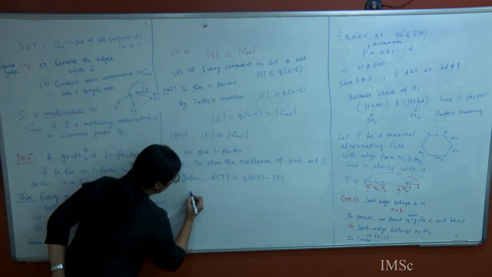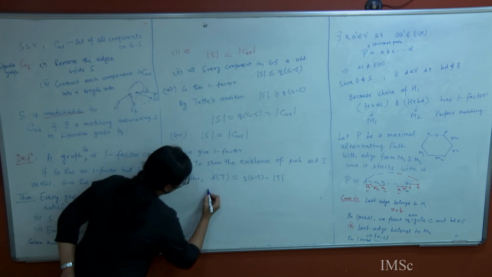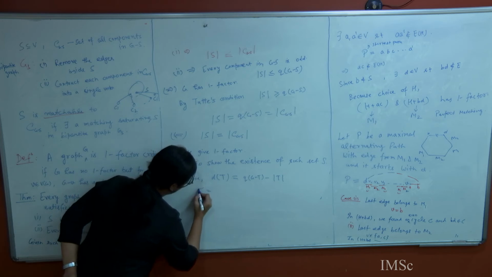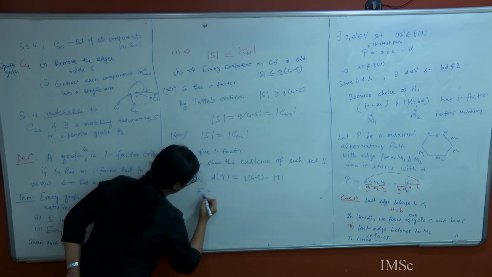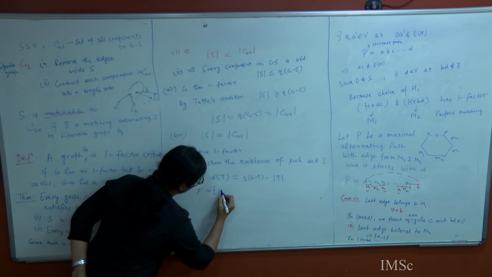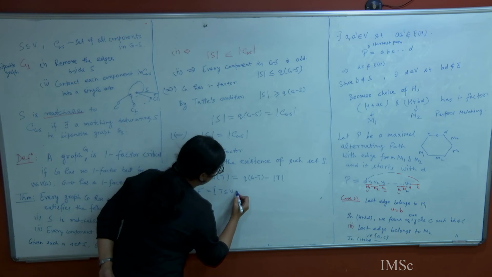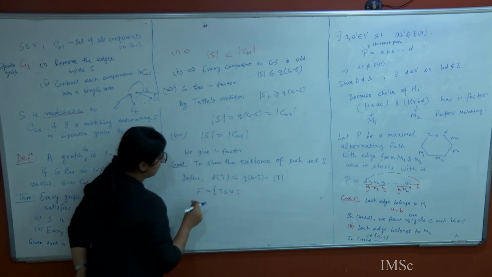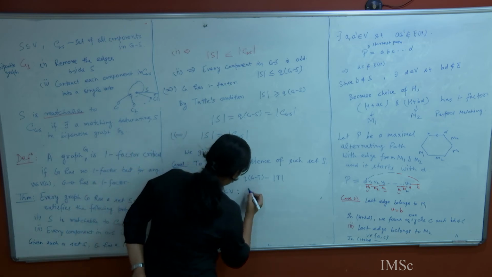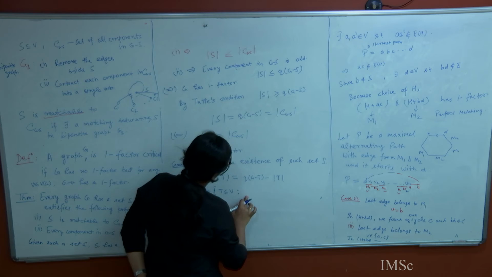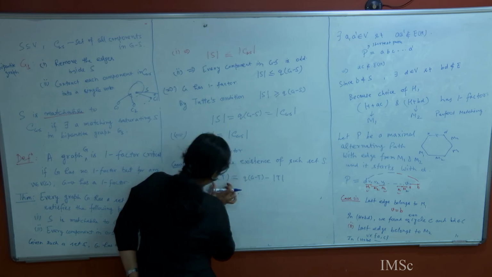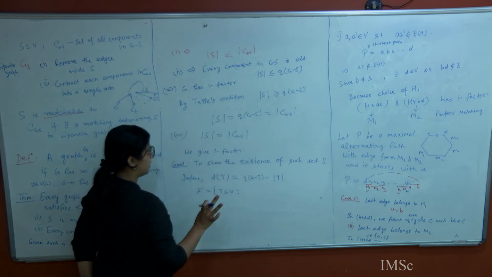So let's take the family of all the vertex subsets of V such that this measure is maximum.